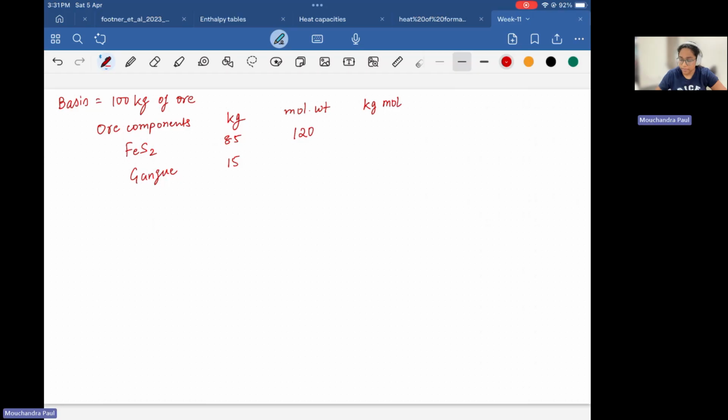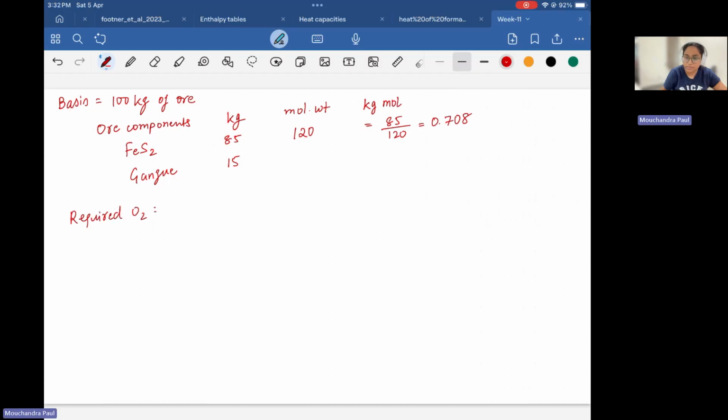This will be 85 by 120, so it is 0.708. Correct? It's for FeS2. We started with 0.708 kg mole of FeS2. Now, how much oxygen is required for this combustion reaction?